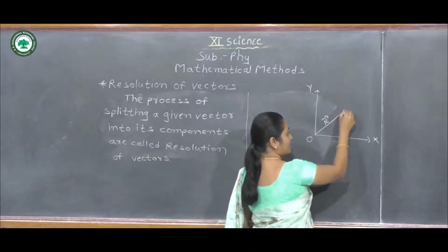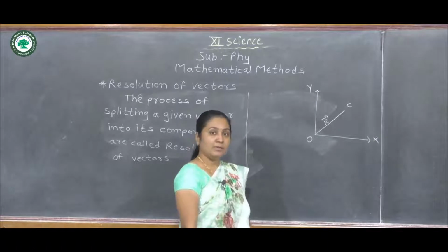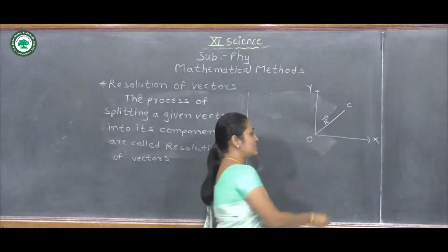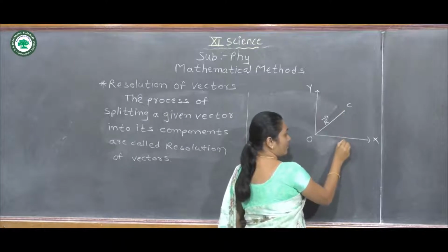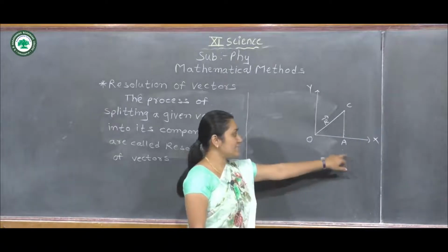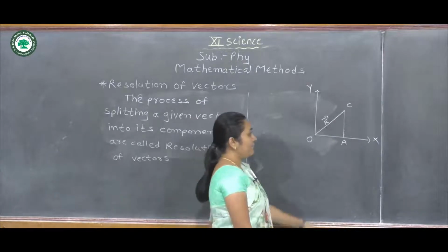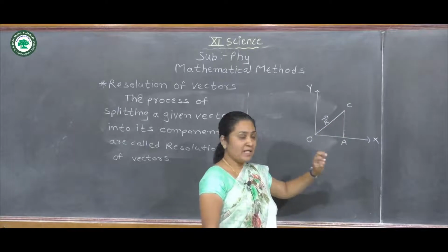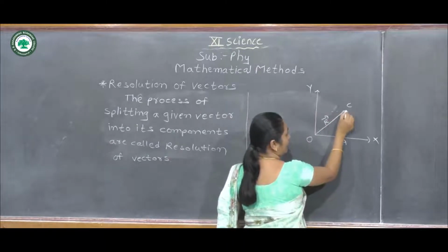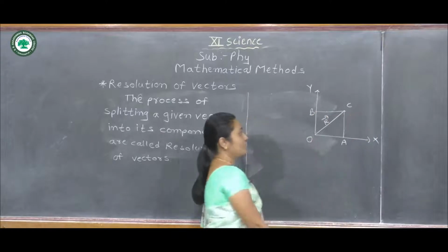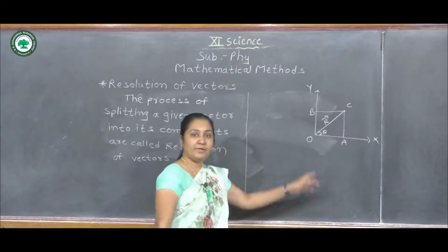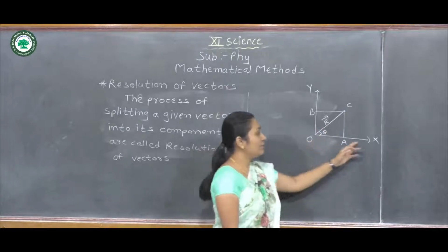This point is O and suppose this point is C. Now drop a perpendicular from C on the x-axis at point A. Similarly, drop a perpendicular from C on the y-axis at point B. Now this is the angle theta between the vector r bar and the x-axis.